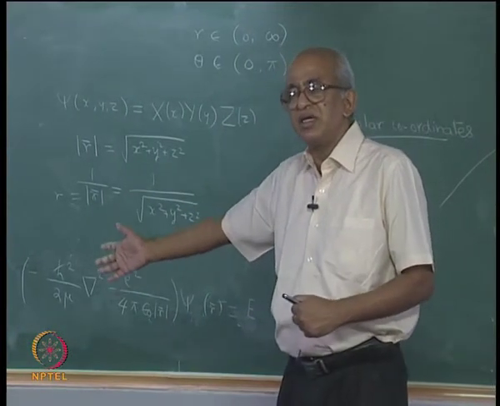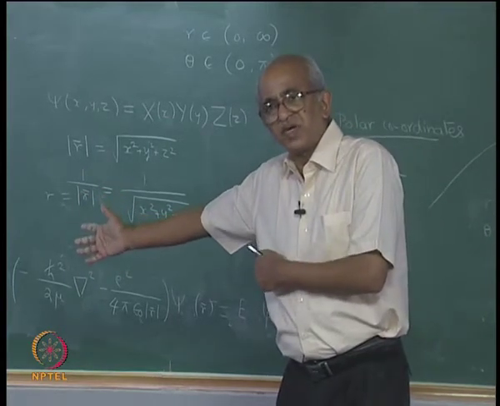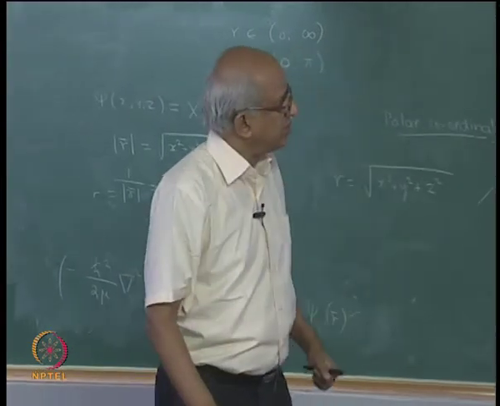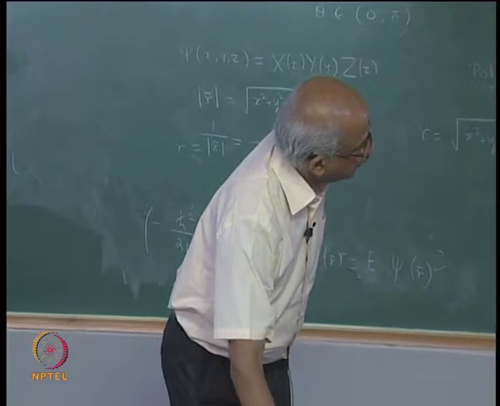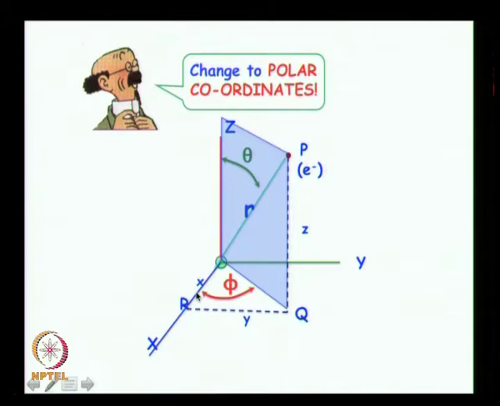In order to specify the final coordinate of the point, it is enough if I specify the orientation of this plane. And how do I specify the orientation of this plane? I make use of a coordinate which I refer to as phi. Phi is the angle between the positive direction of the x axis and this plane consisting of the line PQ and OZ.